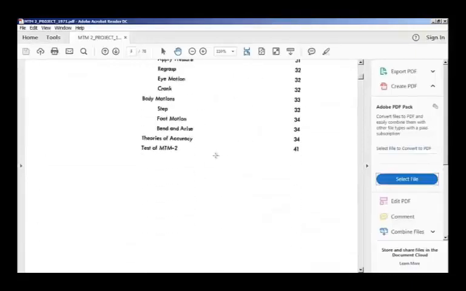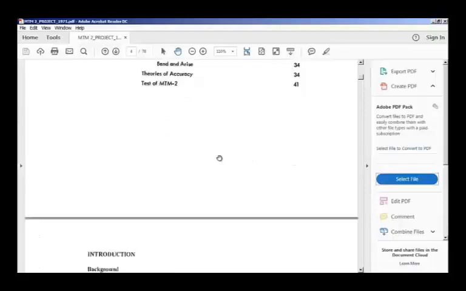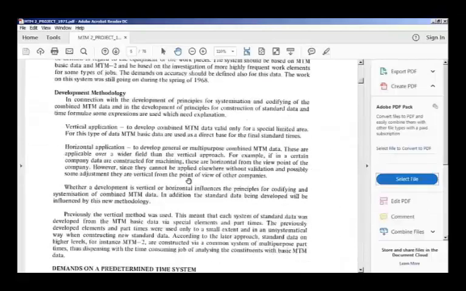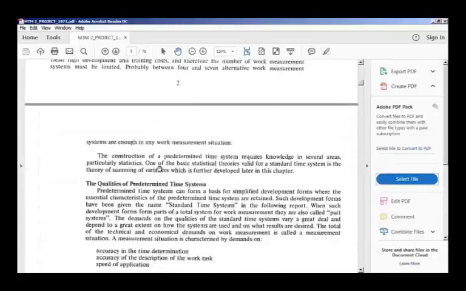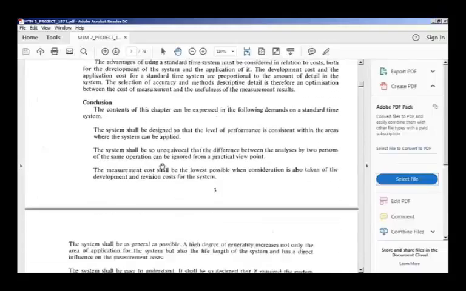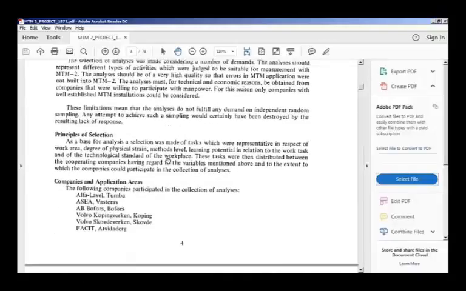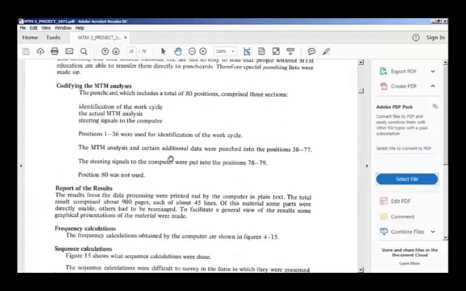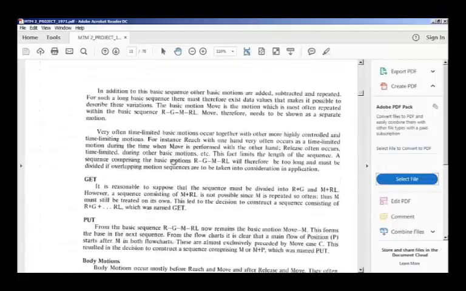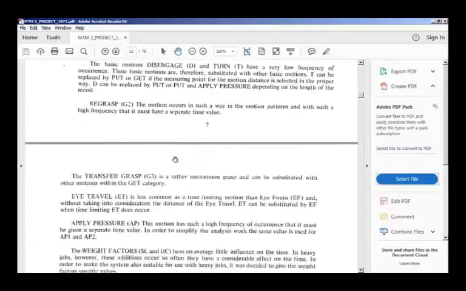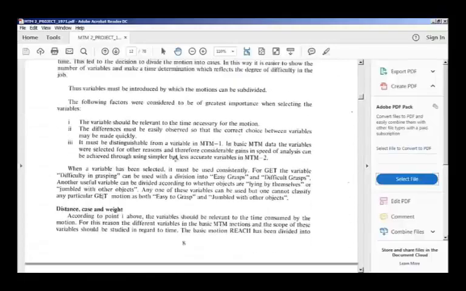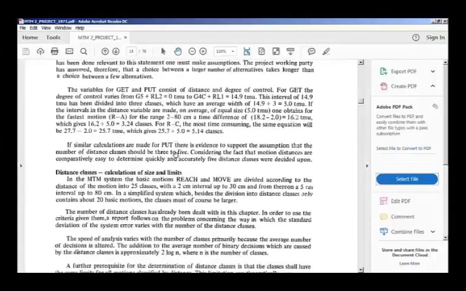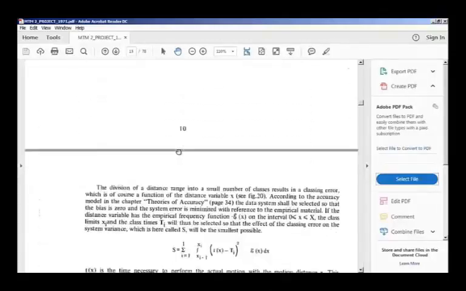You can see it extends to over 40 pages, and there's a very elaborate set of graphs, tabulations, etc., plus a very detailed explanation of the thinking behind the structure of MTM-2, what the various options were, why they decided to select one type of algorithm as opposed to another one, and so it goes on.